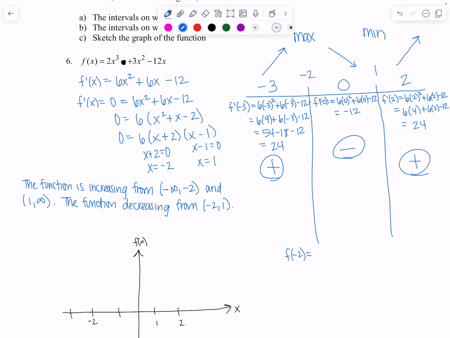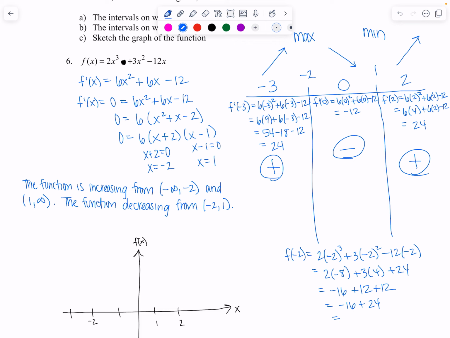F of -2 is going to give us 2 times -2 cubed plus 3 times -2 squared minus 12 times -2. 2 times -8, 3 times 4, 24, -16 plus 12, 24, 4.